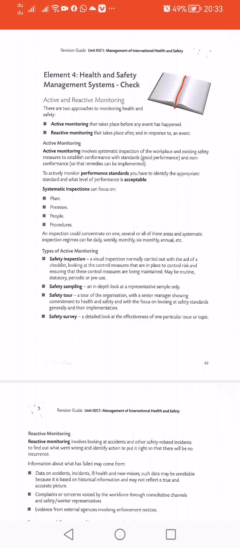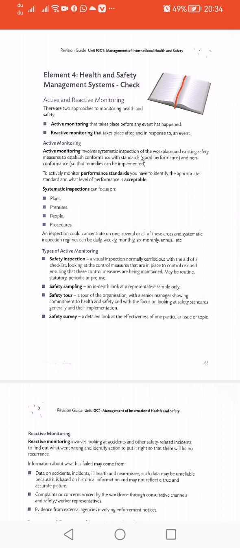This basically means that active monitoring is like the approaches, instructions or measures that you put in place so that an incident or accident does not occur. The measures, the observation or the risk assessment that you do, you know that if something happens, there will be an accident. That is called active monitoring.